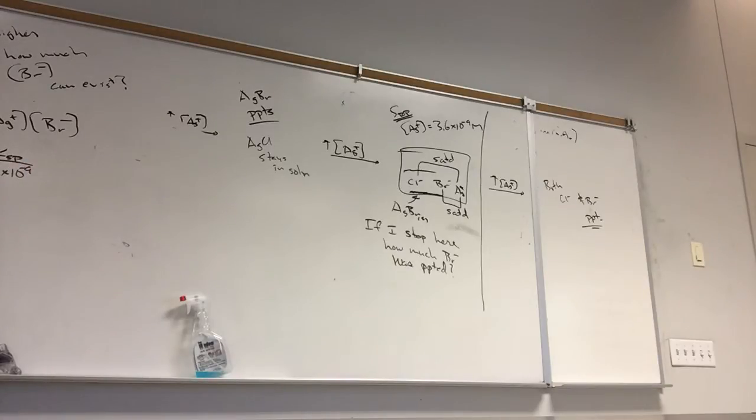So what does that mean the bromide concentration is? This is 5.0 times 10 to the minus 13 divided by 3.6 times 10 to the minus 9, which gives 1.38 times 10 to the negative 4 molar.